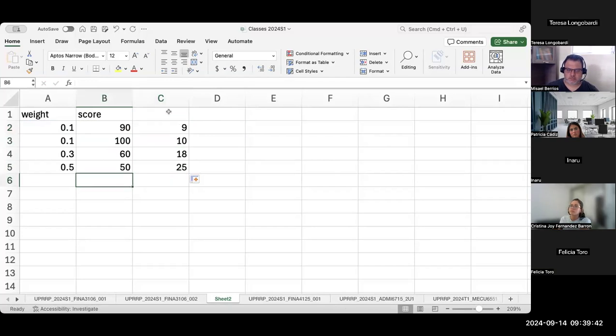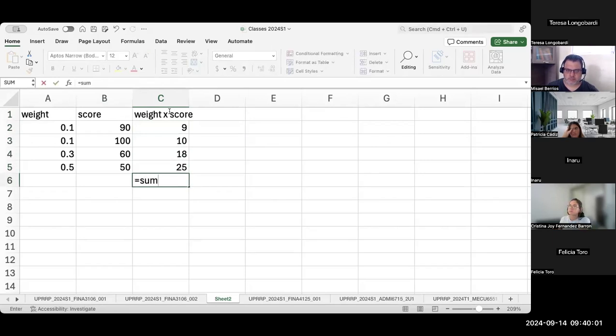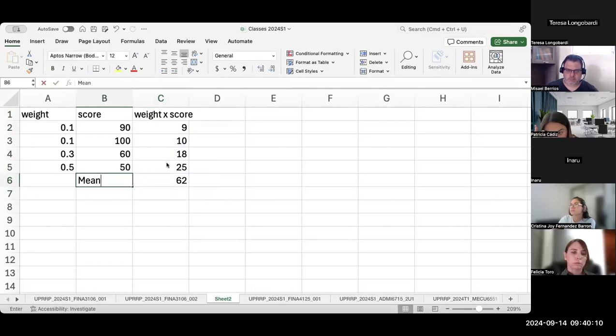And then over here, this is going to be a column called weight times score. That's how I think I explained it. The mini videos. And here is the mean or the average. Any questions about the weighted mean?